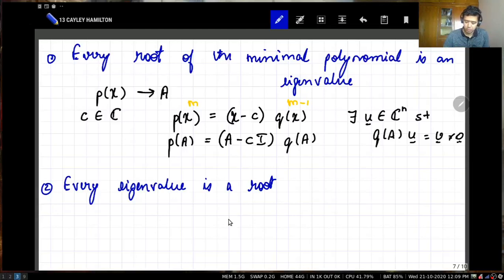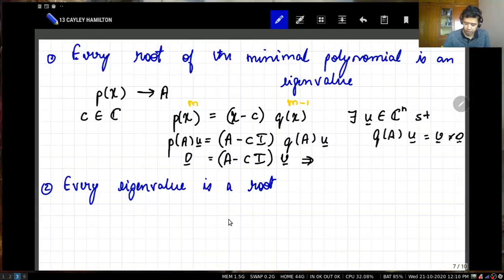So if I multiply both these sides by the vector u, then I get A minus C times I times v, because we assume that Q of A times u equal to v, and v is a non-zero vector, right? But what is the left hand side? Since P of x is the minimal polynomial, P of A is the 0 matrix, and therefore P of A times u is 0, right? So 0 equal to A minus C times I times v.